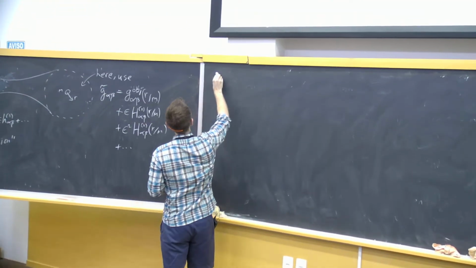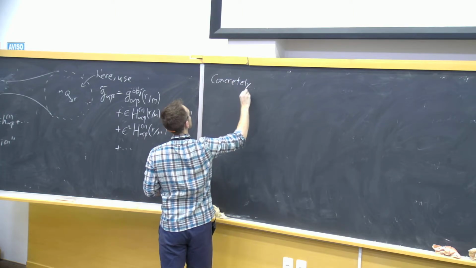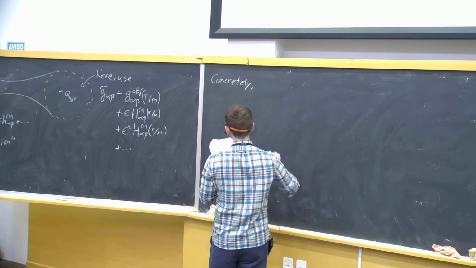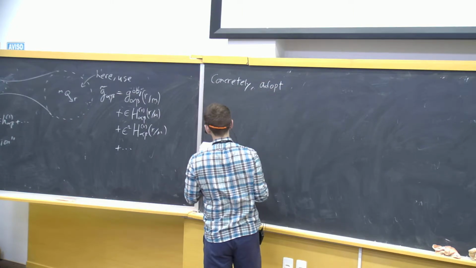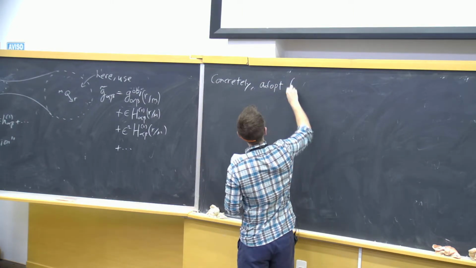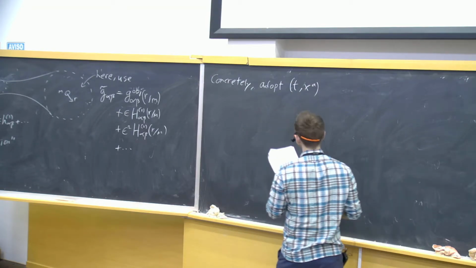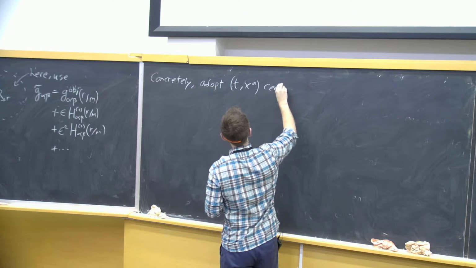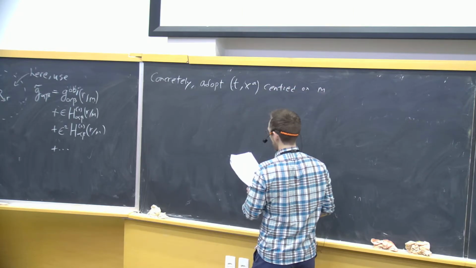Okay, so concretely, adopt some coordinates that are kind of Cartesian in form, t, x^a, again centered on the small object.